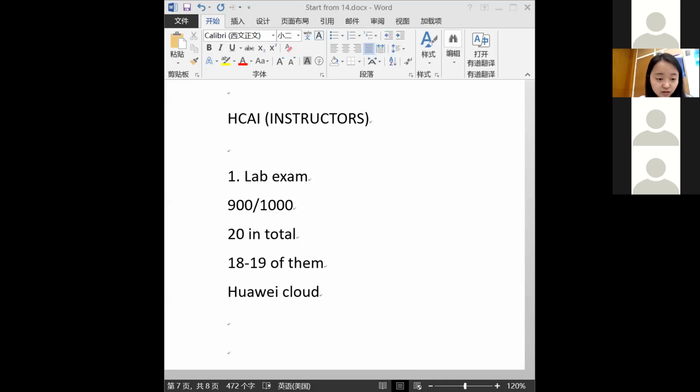Wait a second. Where is the email? You can find the email.